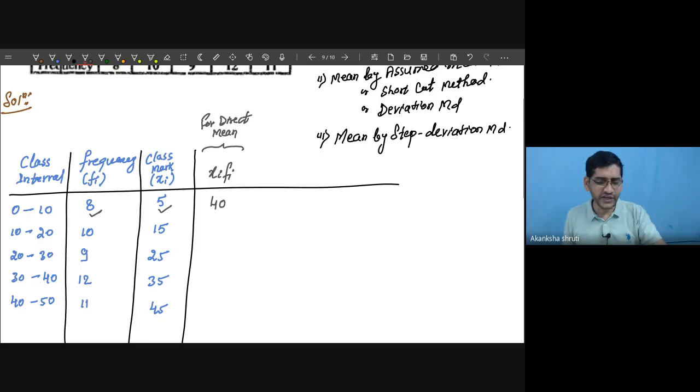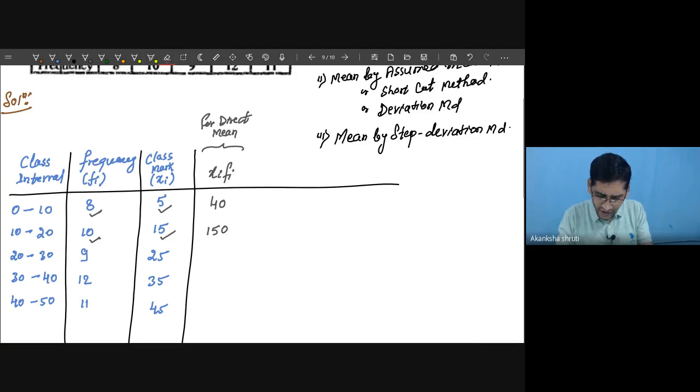Similarly, for each of the classes you have to calculate xi fi. For xi as 15 and fi as 10, 15 into 10 is 150.